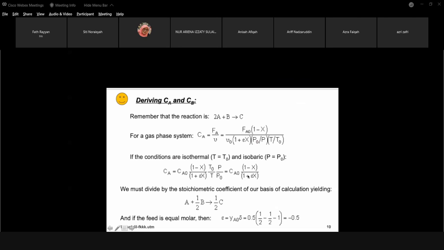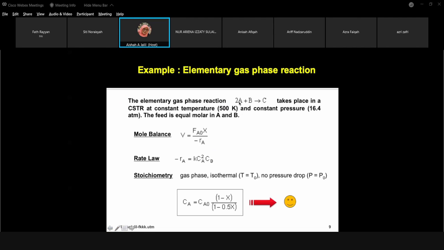C_A equals C_A0 (1 minus X) over (1 plus epsilon X). Because the condition given is equimolar, you take A as the limiting reactant.